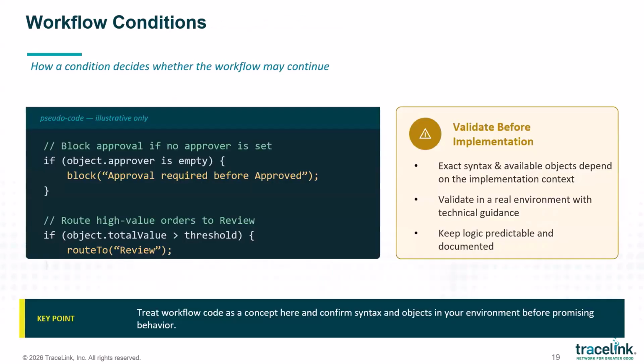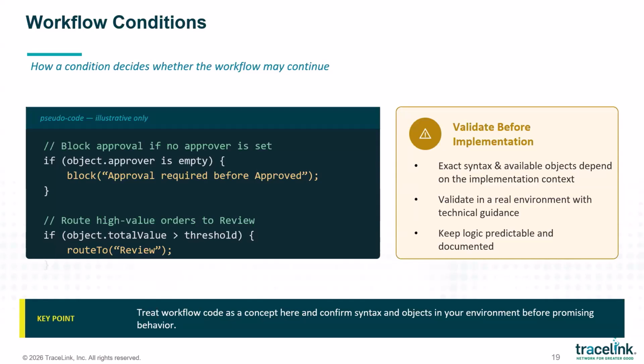A workflow condition actually makes its decision at a concept level. Conceptually, a condition looks at the object and returns one of two answers, allow or block. Look at the pseudocode on the left. In the first example, if the approver field is empty, we block the transition until the user approval is required before moving to approved.